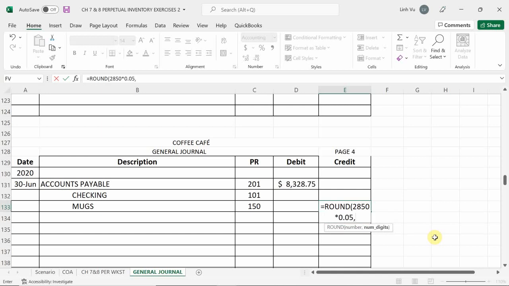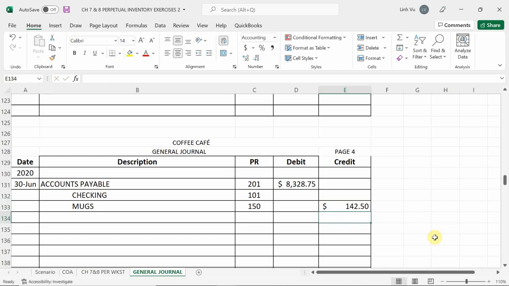Right? I only receive 5% discount. What was the amount? 2,850. $142.50.